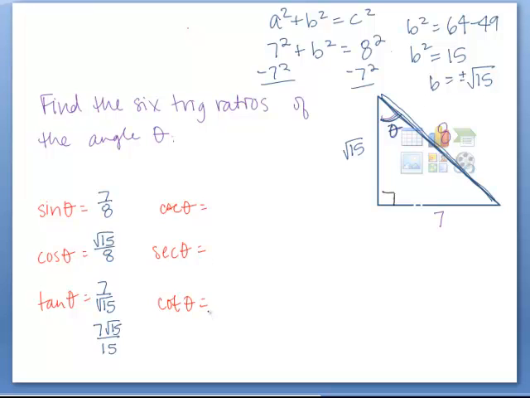Now, to find the reciprocal identities, we just take the reciprocals of these 3 values. 8/7, 8 over root 15, which would be 8 root 15 over 15. And then the reciprocal of 7 root 15 over 15 is root 15 over 7. So those are the 6 trig ratios of that angle theta.